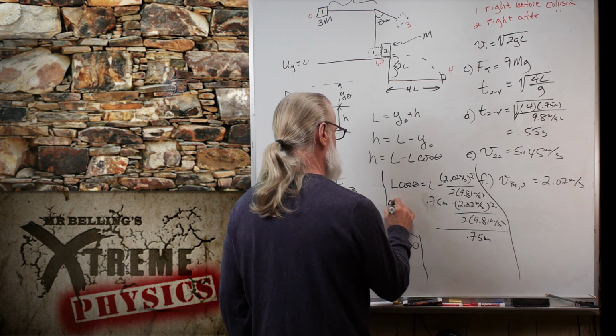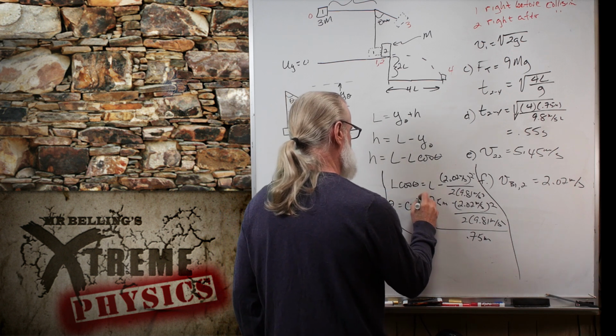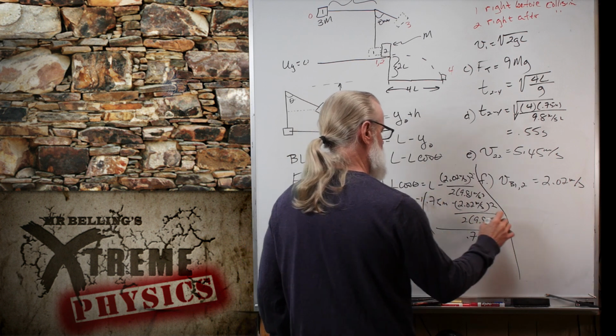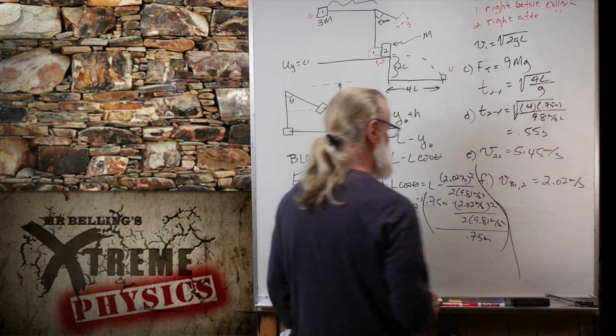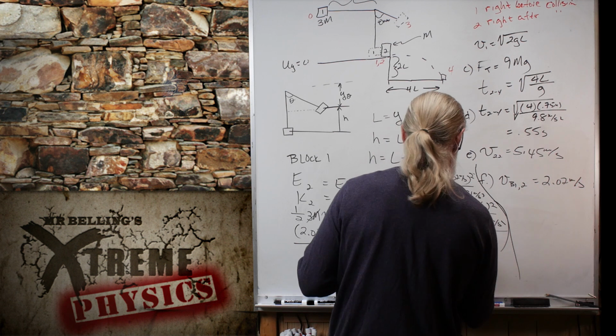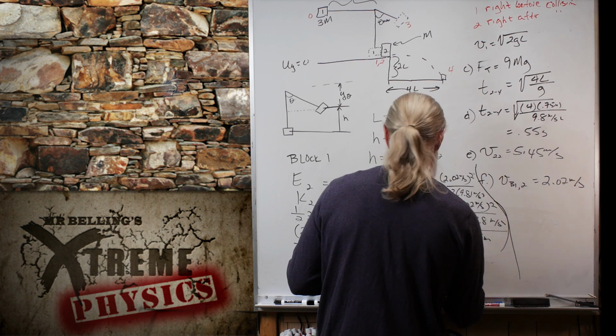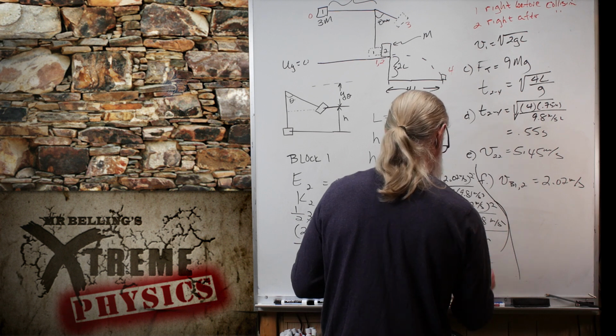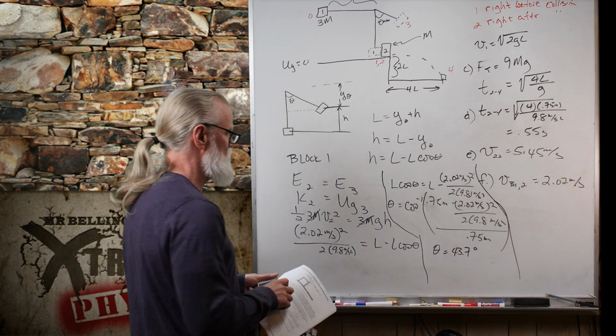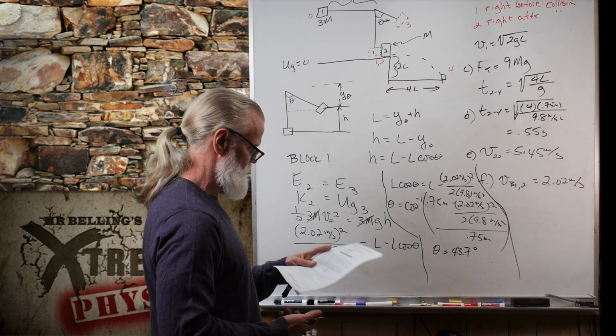So theta equals the inverse cosine of all this stuff. Theta equals 43.7 degrees. I got 43.7 degrees, 44 degrees, something like that.